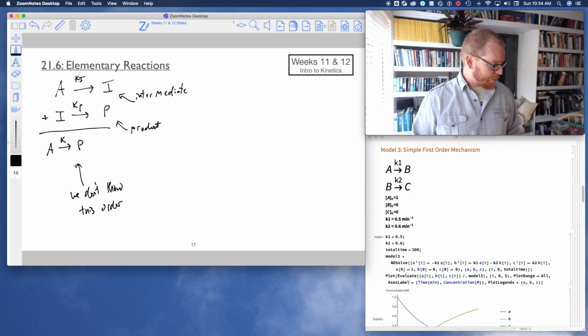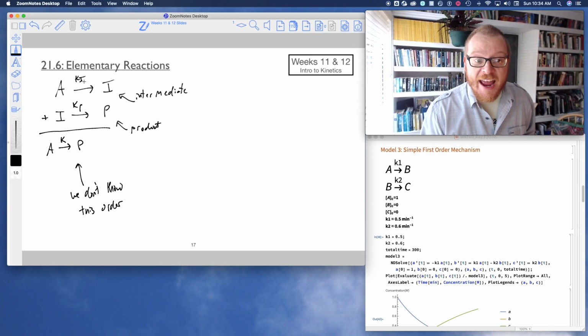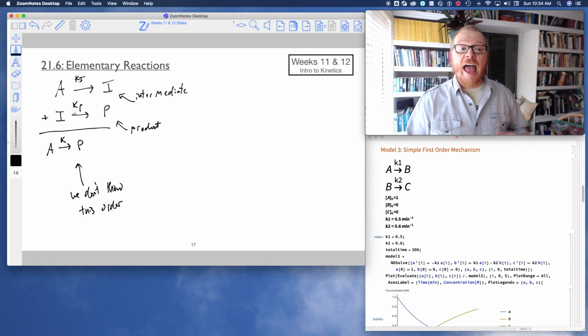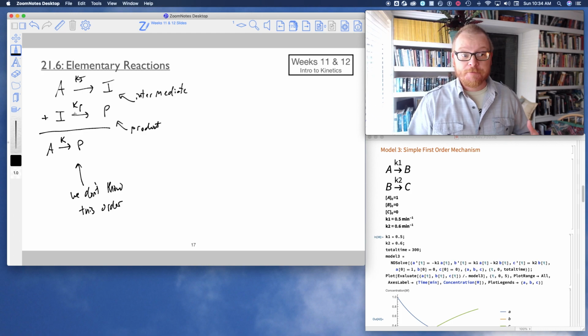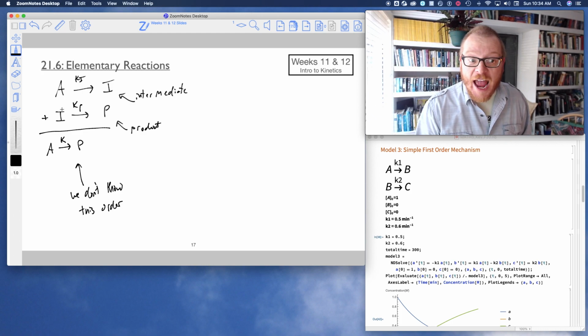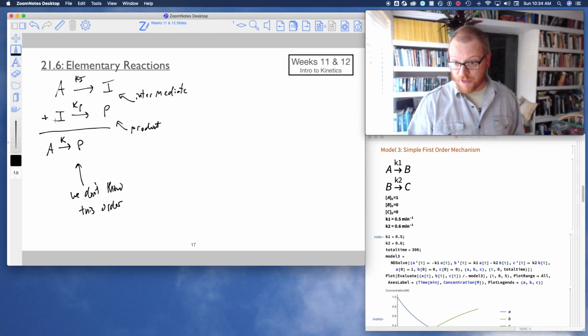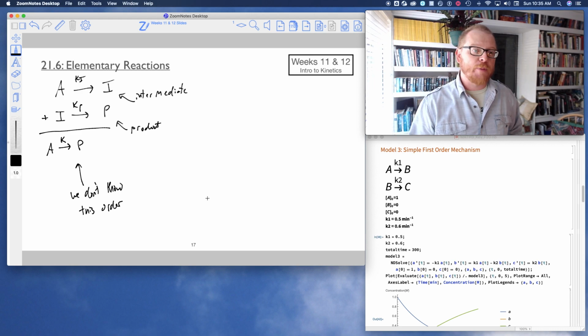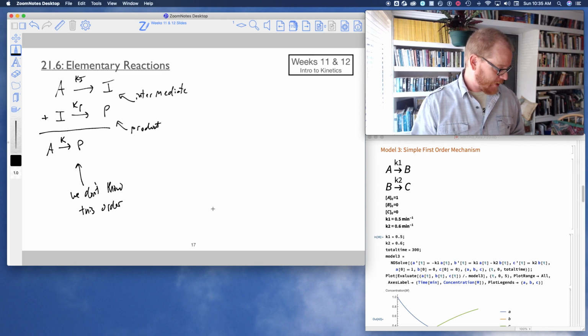Because let's suppose that both Ki and Kp have similar rates, then that means these reactions are in competition with each other. And that means we won't get a simple first order, second order, whatever for the main mechanism. However, let's suppose another condition, okay?